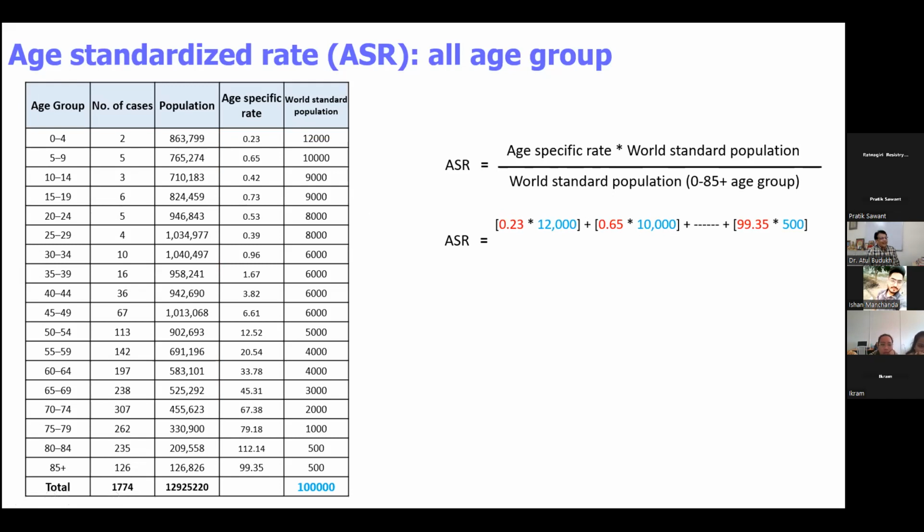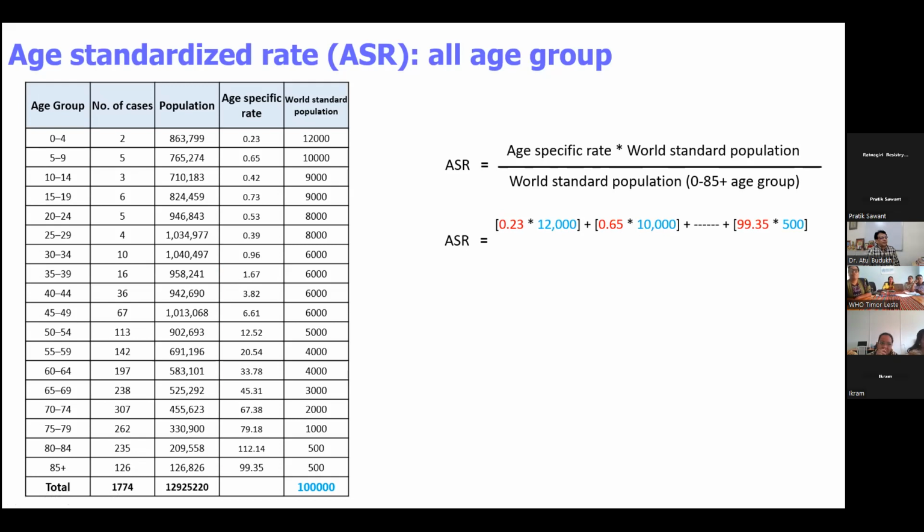Okay. Now Timor-Leste team. Can you tell me how this 1.67 has come? Yes, doctor. 60 by 958241.